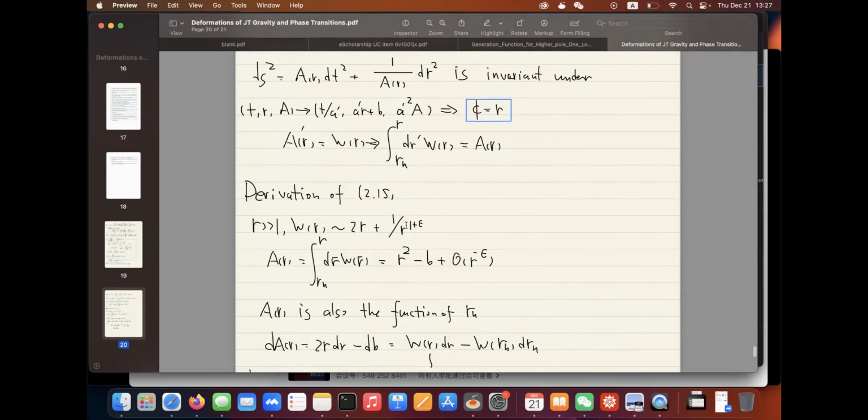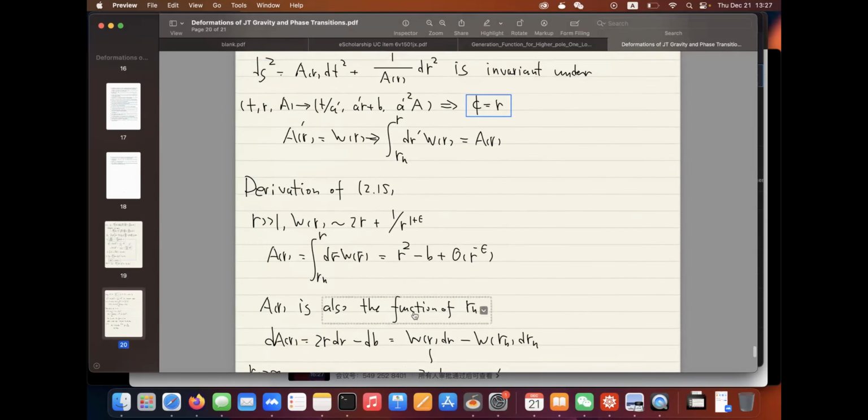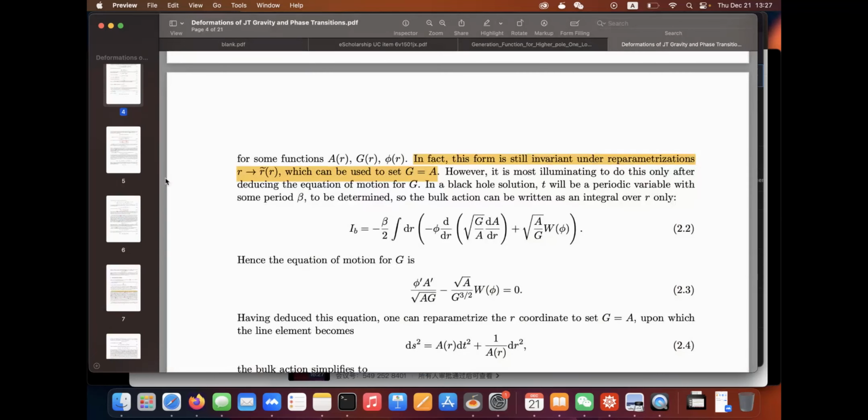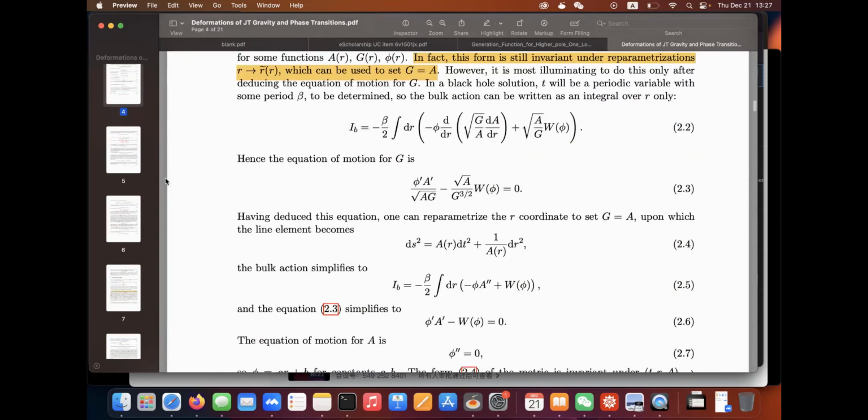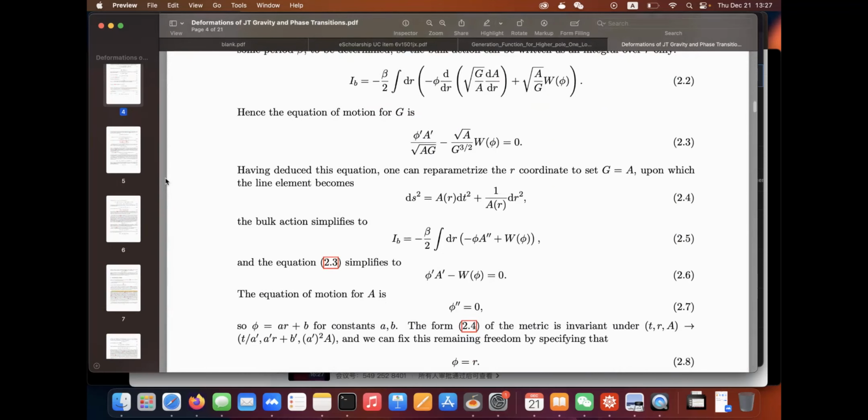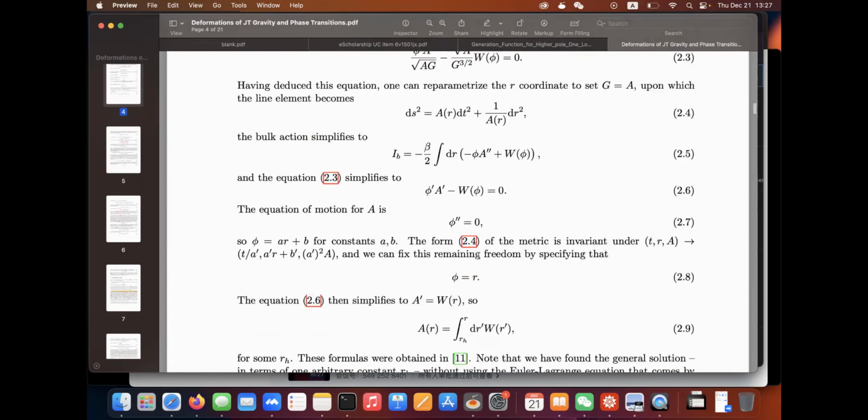Okay, this is the solution. a is given by the integration of W. Great. This is some derivation. Good. Then let's see. Okay, this is the case.